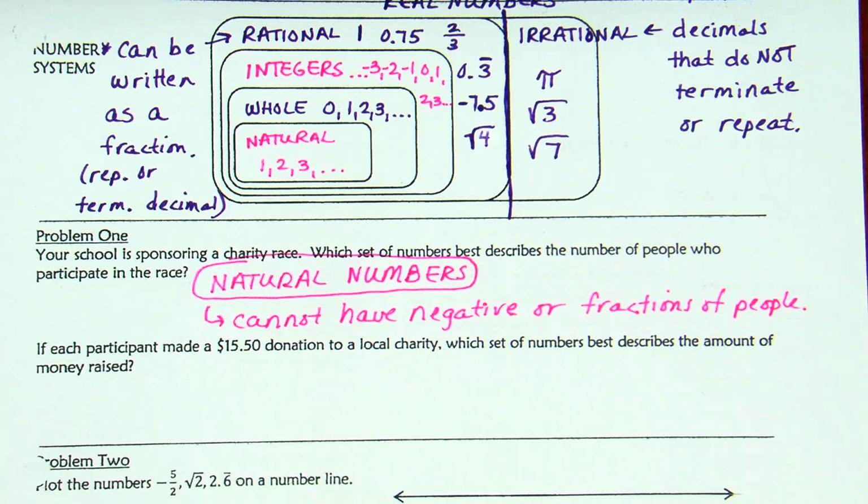If each participant made a $15.50 donation to a local charity, which set of numbers best describes the amount of money raised? So each participant donated $15.50.